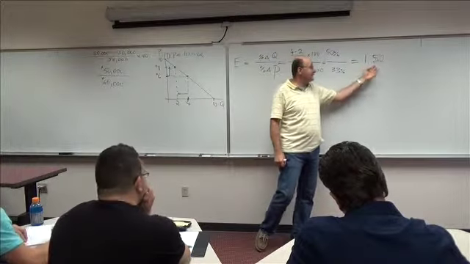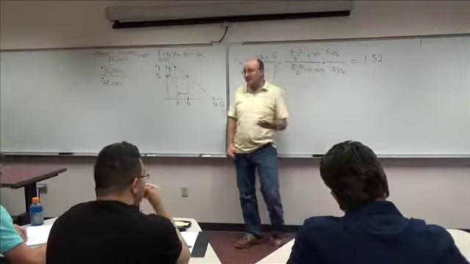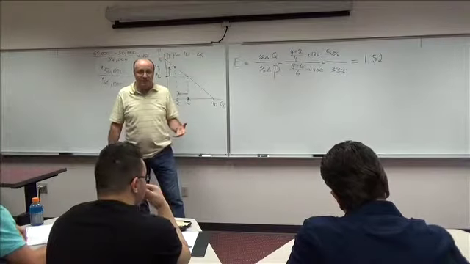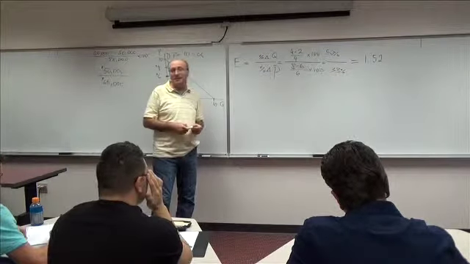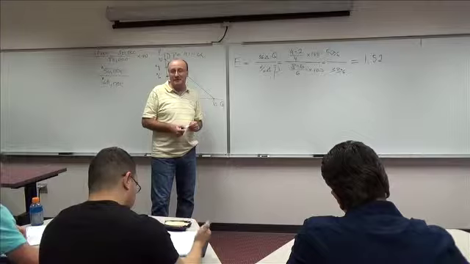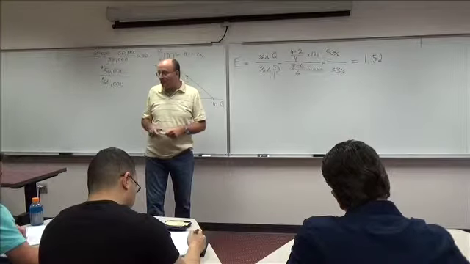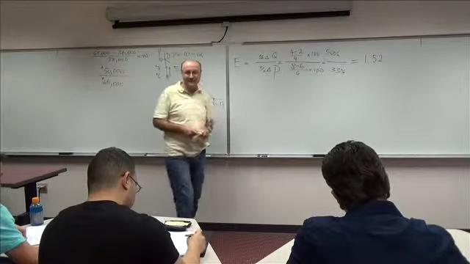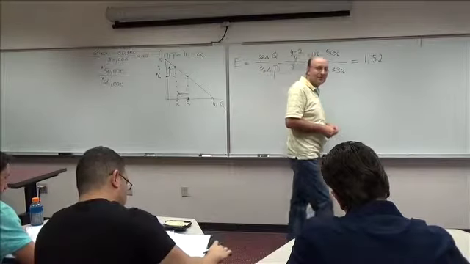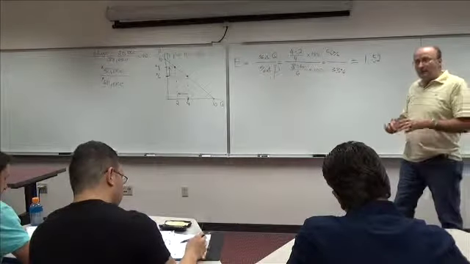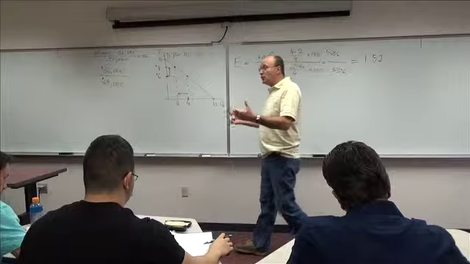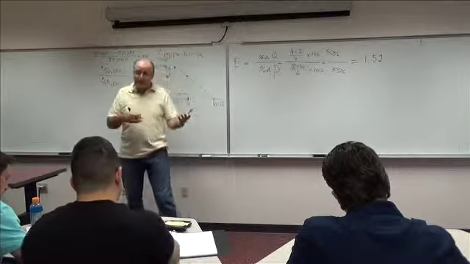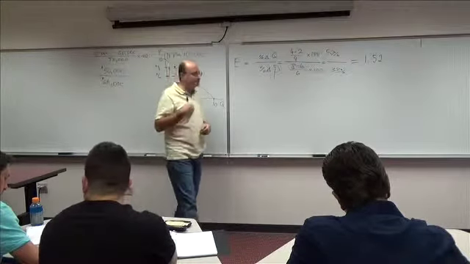If elasticity is greater than 1, demand is elastic. If elasticity is less than 1, demand is inelastic. If elasticity is equal to 1, it is unitary elastic, exactly, as a special case. Okay? You're right. Those are definitions. Those are words we use to label demand: elastic, inelastic, unitary elastic.